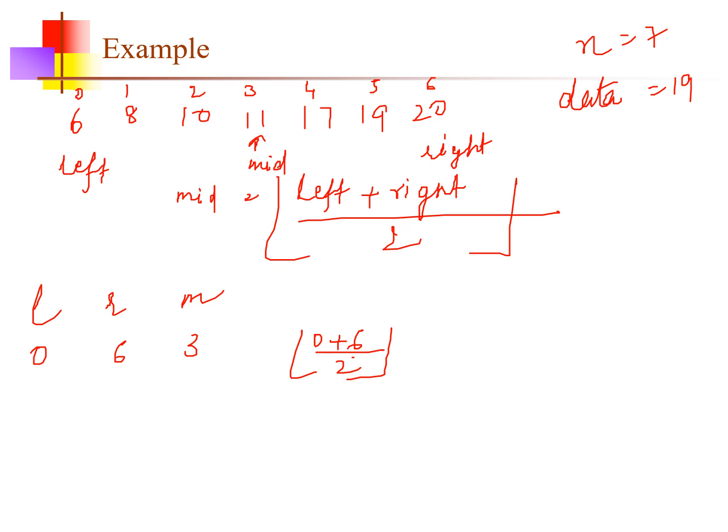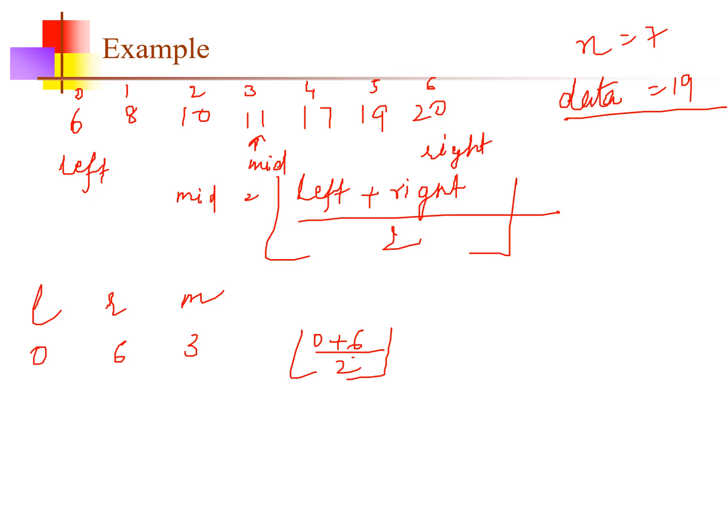Now you will search. There will be a condition: you check whether your data is present in the left half, right half, or mid. There will be three cases. If data is equal to array of mid, then the element is found.